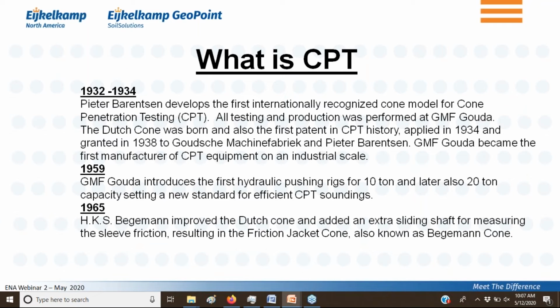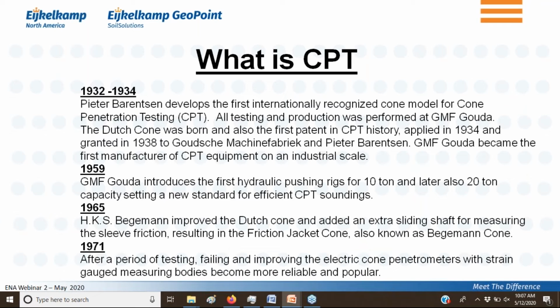That changed in 1965 when Begemann added a sliding sleeve to measure the sleeve friction. And that was then the friction jacket cone, and that is commonly referred to around the world as the Begemann cone. But it was still a mechanical device.